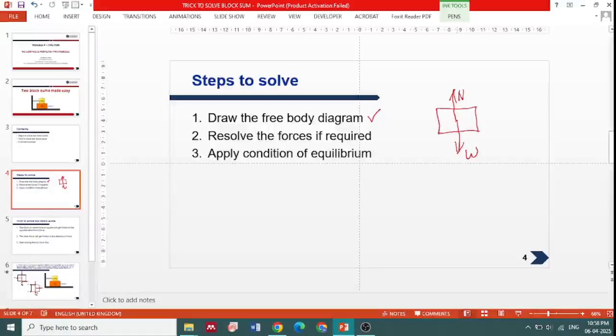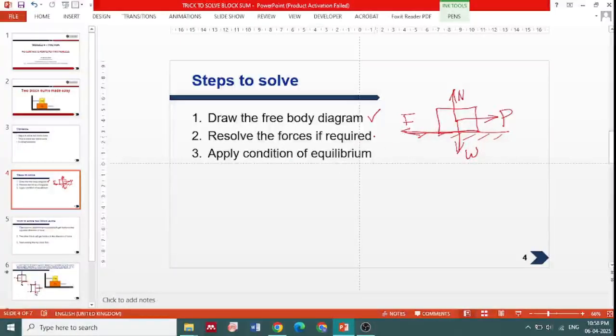Similarly, suppose there is a force acting on the block, let us name that force P. Then if we have a surface which is not smooth, a frictional force will act in the opposite direction. Let us suppose that is F, and this is your free body diagram.